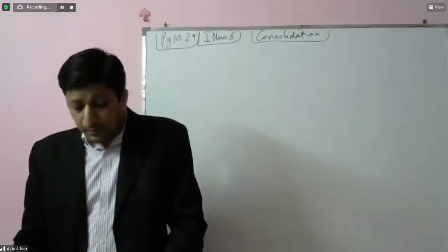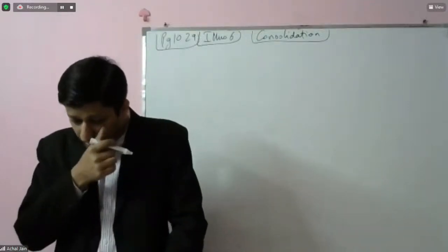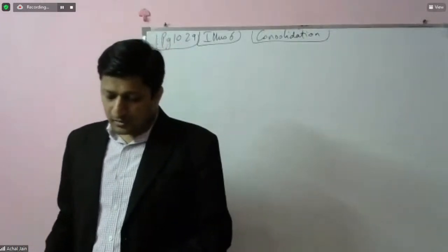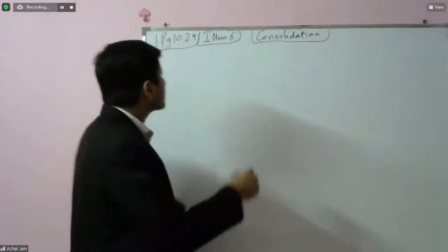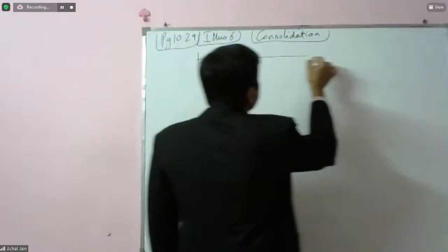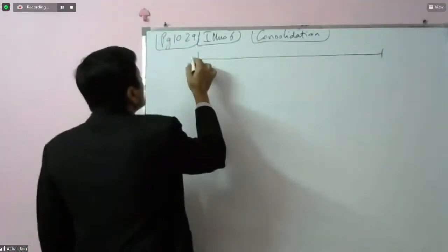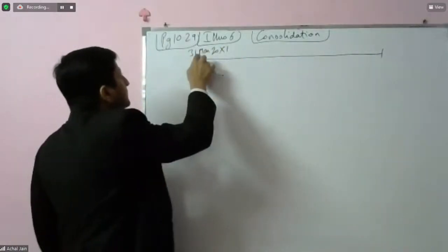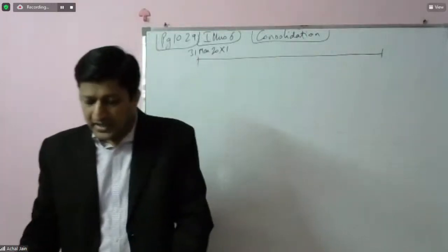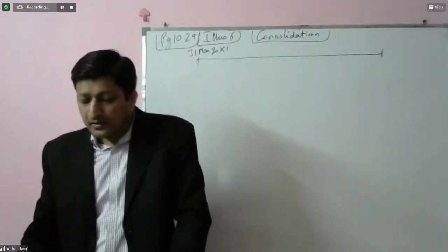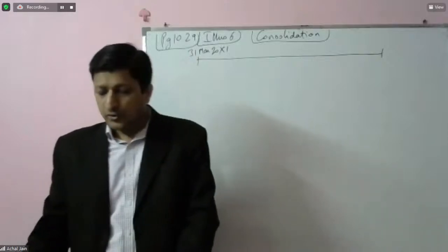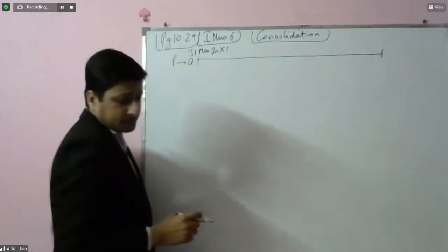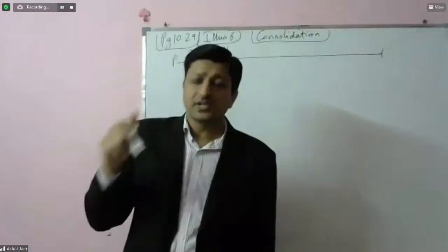Moving further, P and Q give the following information on 31st March X3. Means after 2 years, their position is also given. So if we could draw a chart, we can say on 31st March 2000X1, P Limited acquired 1,05,000 shares of Q. So P acquired Q. And on this particular date, some information is available.